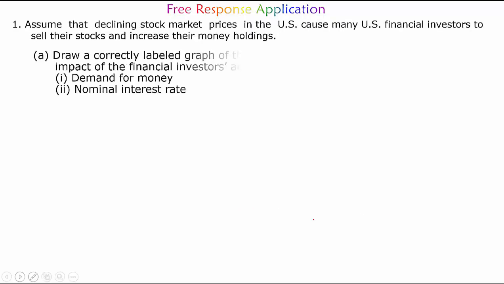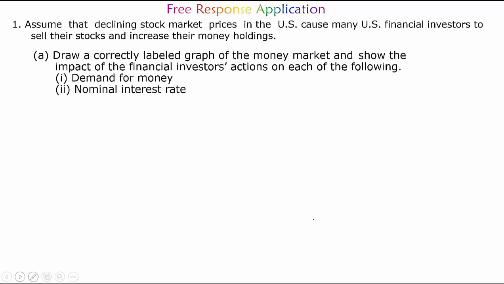The reason we're doing this is because I want you all to see how you might be questioned to demonstrate your understanding of the money market graph. So this one says, assume that declining stock market prices in the U.S. cause many U.S. financial investors to sell their stocks and increase their money holdings. That actually happened here in the last month.